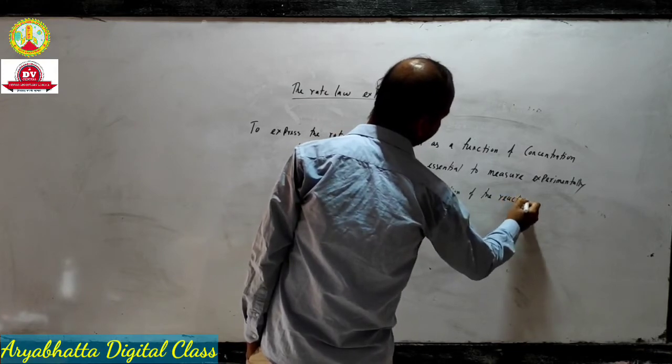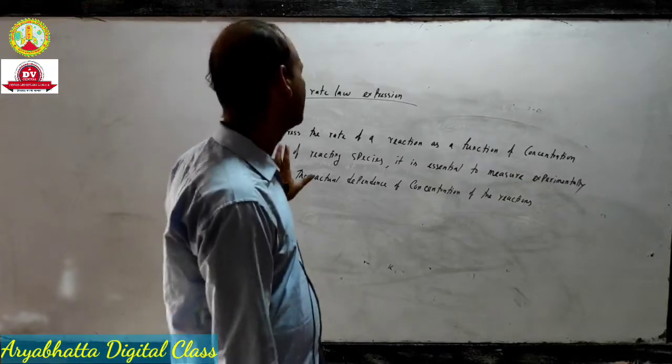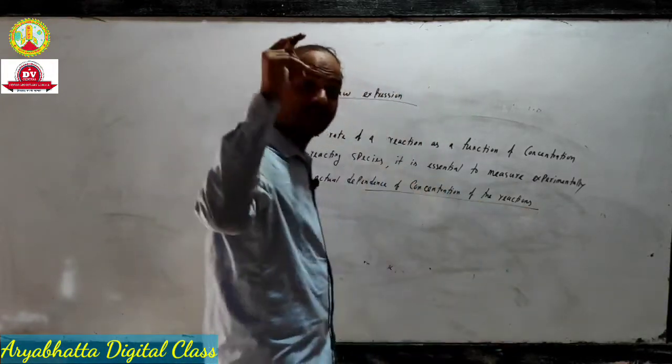Okay, to express the rate of a reaction as a function of concentration of reactants, it is very essential to know the actual dependence of concentration of the reactants on the rate of a reaction.